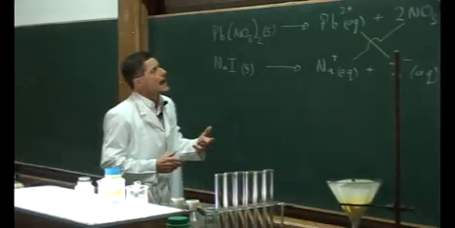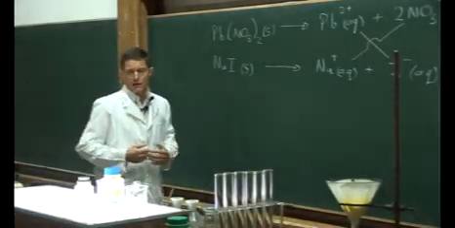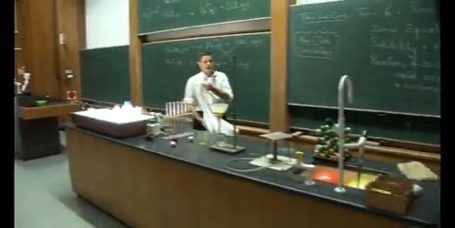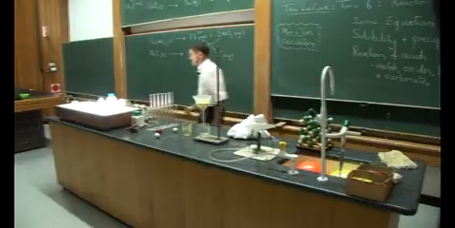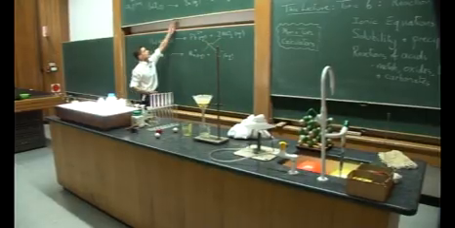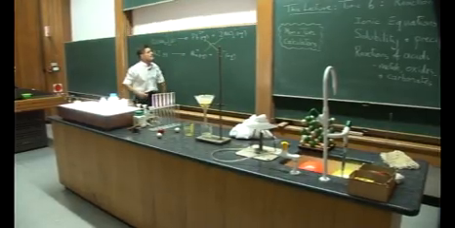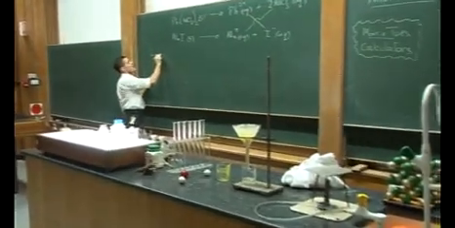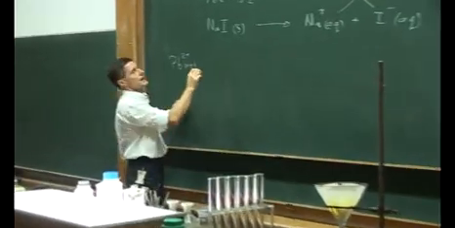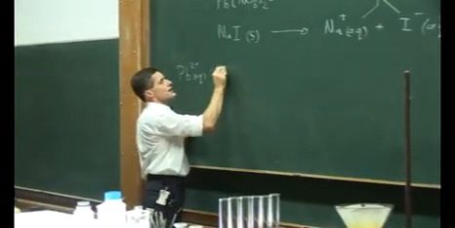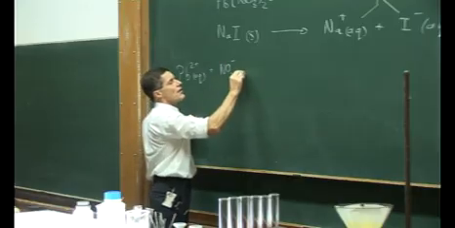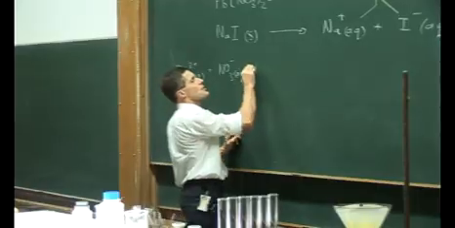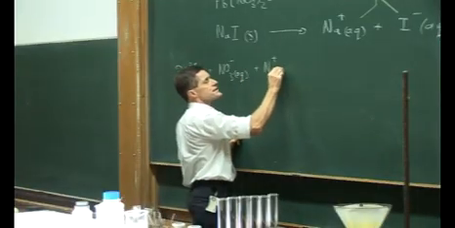So, how do we represent it? Well, let me write down our starting materials in a chemical equation. I've got lead, I've got nitrate. Just for a moment, I'm not going to balance the equation. I'm just going to put what species are present.